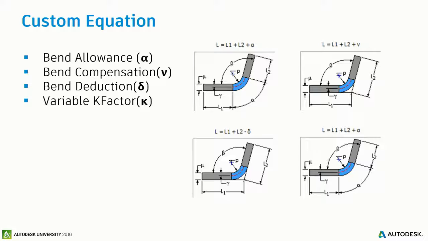So this is the last one added in Inventor, to calculate the length by equation. We have four types of equation: bend allowance, compensation, deduction, and variable KFactors. You can see from the image that the annotation for L1 and L2 is a little different.